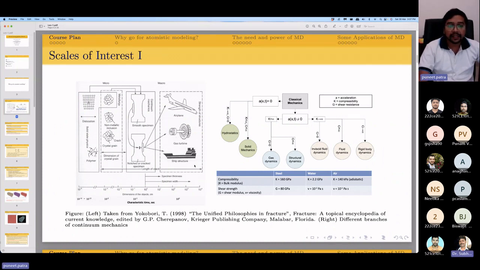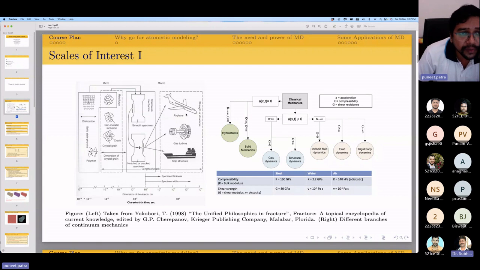Macroscopic in the sense their length scale spans from a few centimeters to at least a few hundreds of meters. A large ship will have a length of around 400 meters, and a Boeing or an Airbus plane could have a length of around 100 to 200 meters. And all of these fall under the scale of macroscopic systems.